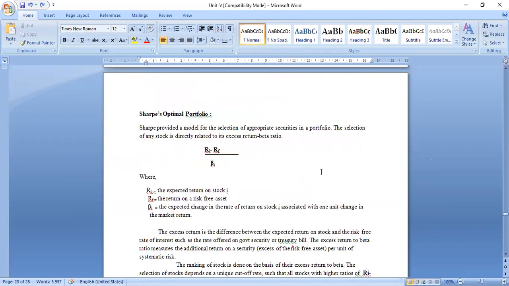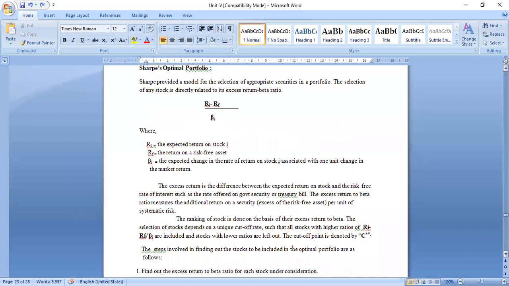Beta is the beta coefficient, which helps us determine the movement or change in the return of the stock subject to that of market returns. Now, as I was saying about the excess return to beta ratio, this statement gives us a clear idea: it is the difference between the expected return on the stock and the risk-free rate. So what is this risk-free rate of interest here?